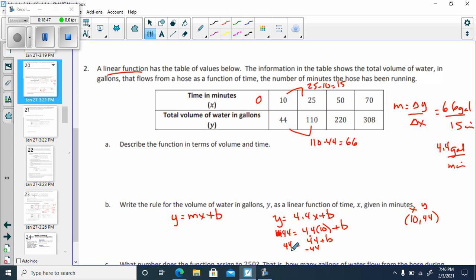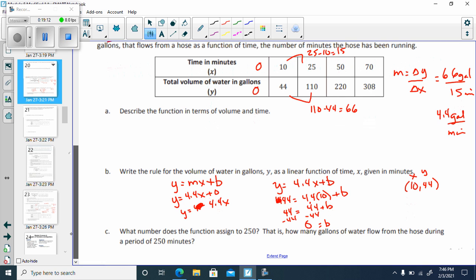Subtract 44 from each side. And your b is 0. So we started out with 0 volume at 0 time. Y then is equal to 4.4x plus 0. Or y is equal to 4.4x. I don't need to even have the 0 there, do I? Okay. Let's erase that so we can make that look a little better.